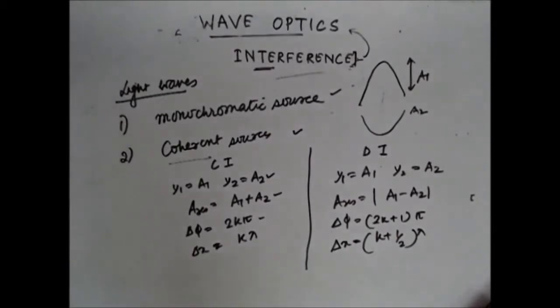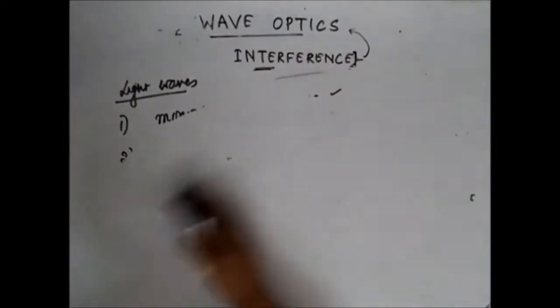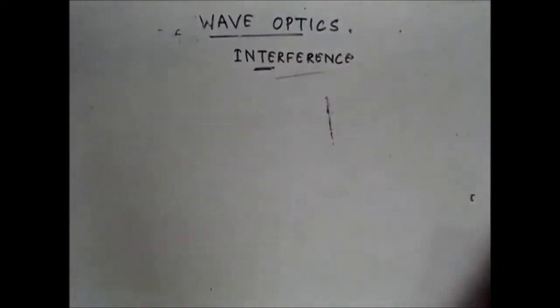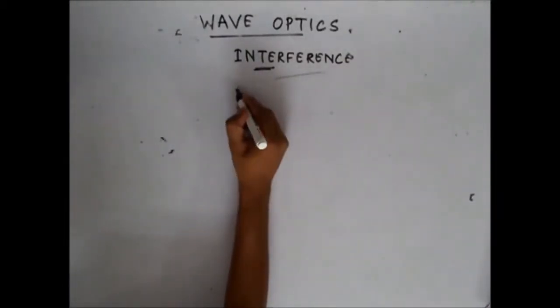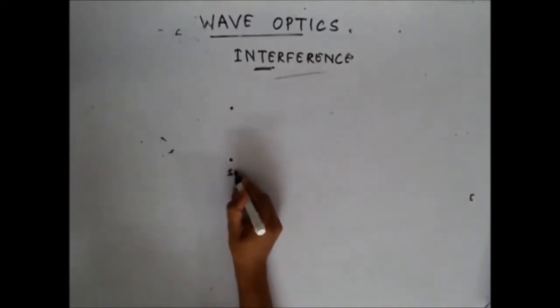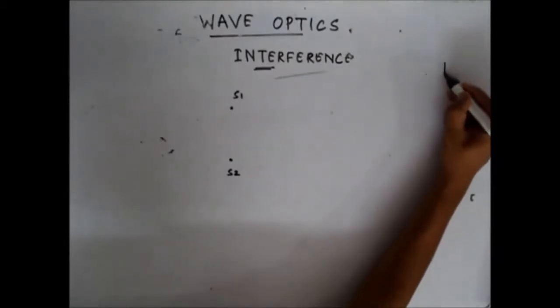Now let's take different cases and observe the interference pattern which occurs in different setups. First take a very normal setup which Thomas Young also used. Let's understand the interference in case of a double slit. Here we have a screen on this side.